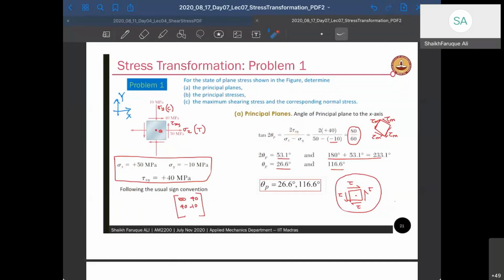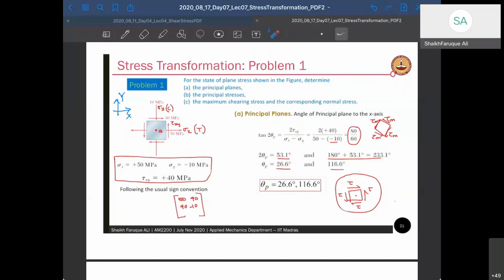One is 2 theta p equal to 53 degrees, and another one will be 180 plus 53, because there will be two values within 360 for which tan has the same value, 80 by 60. Then the material plane angles, dividing by 2, will be 26.6 degrees and 116 degrees.